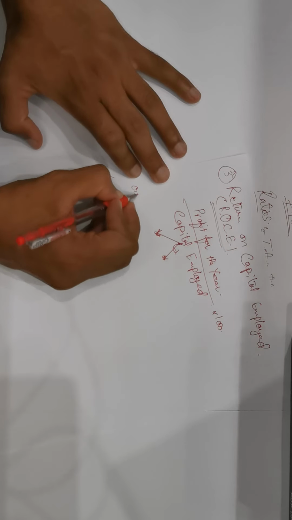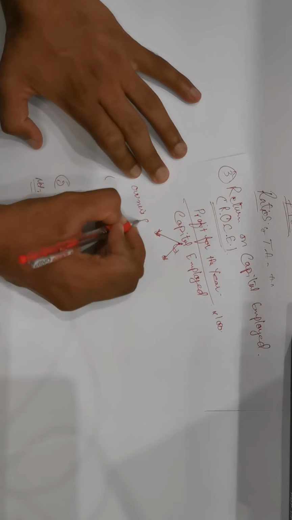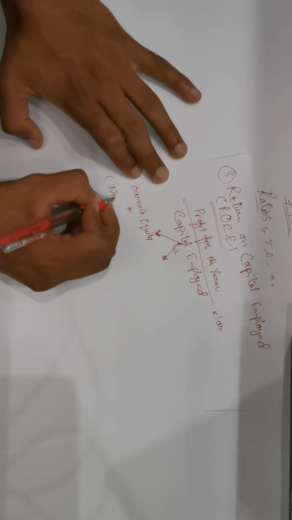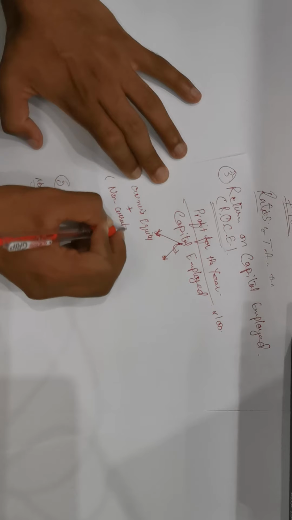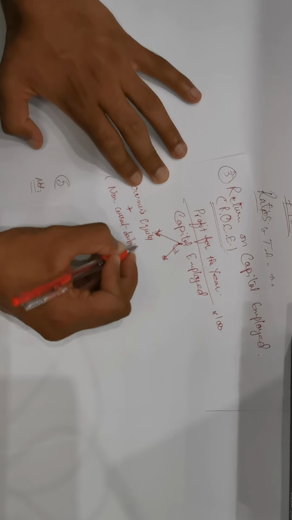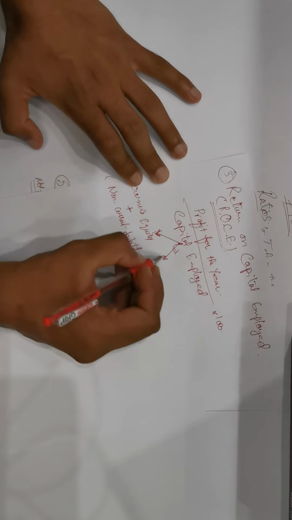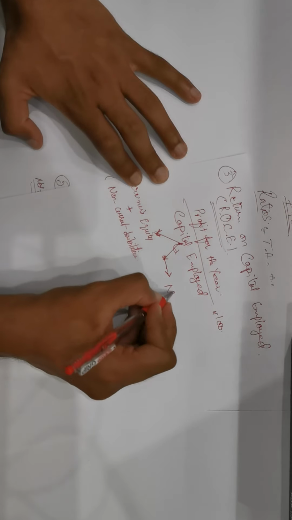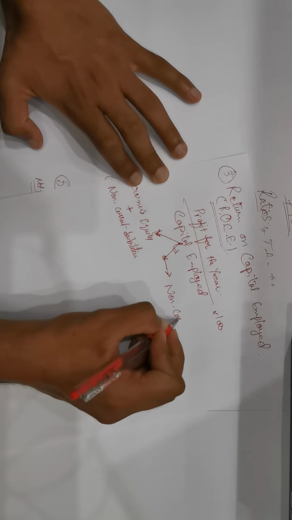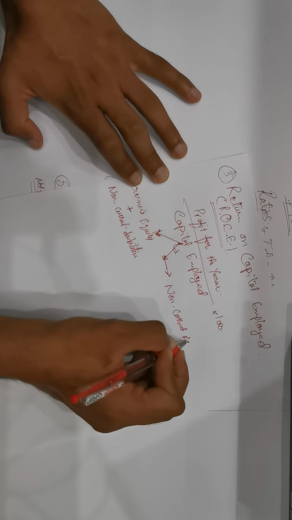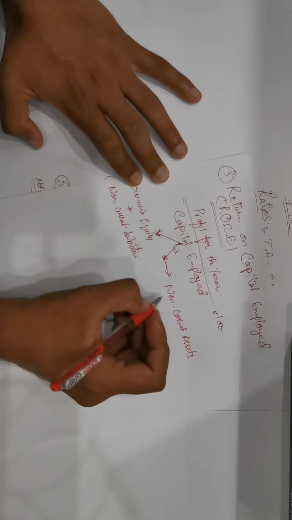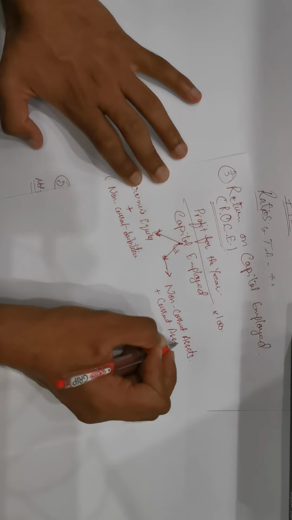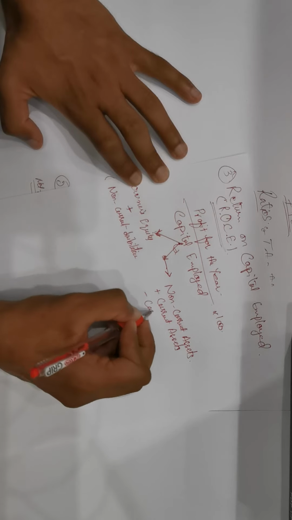First formula is owner's equity plus non current liabilities, and the second formula is non current assets plus current assets minus current liabilities.